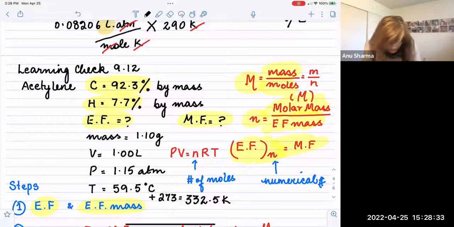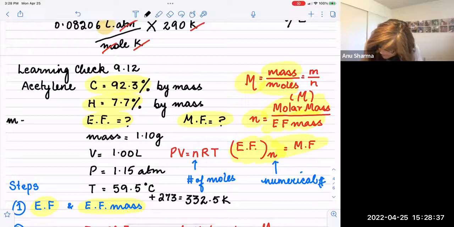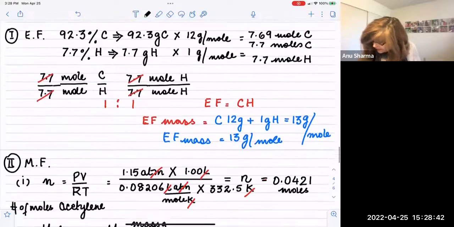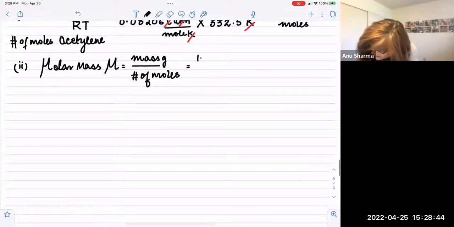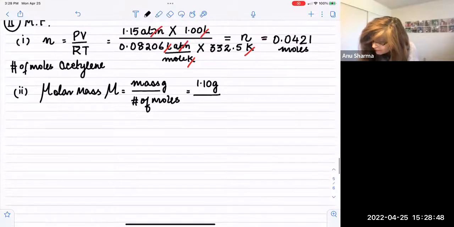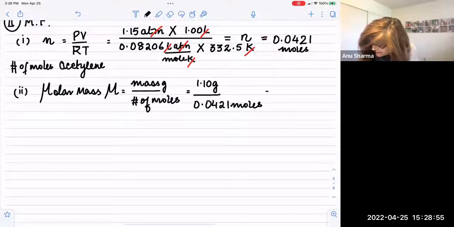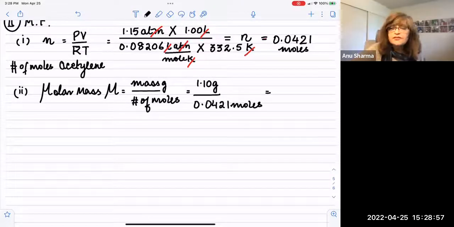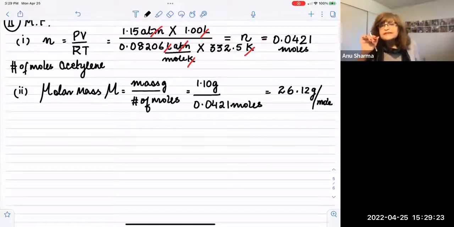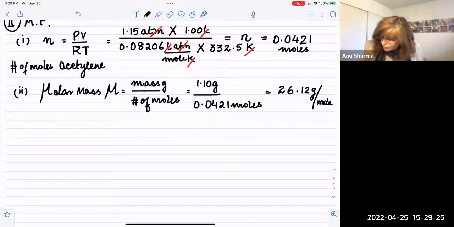Okay, I think I didn't write it here, but the mass given to us is 1.10 grams. So it's there, I saw it now. So 1.10 grams is the mass over the number of moles, 0.0421 moles. So that would be grams per mole. When you do the math, you get 26.12 grams per mole.